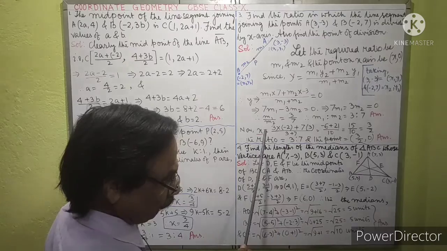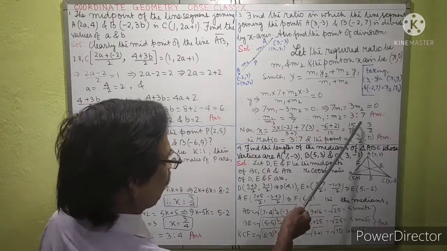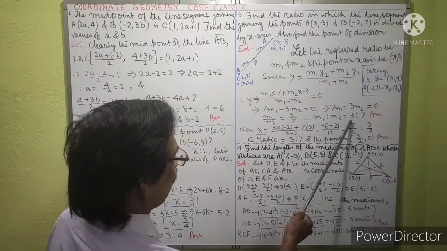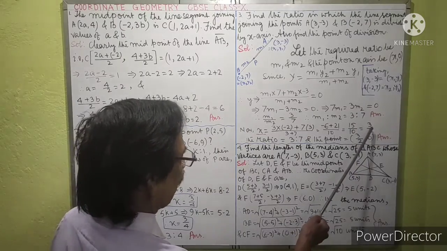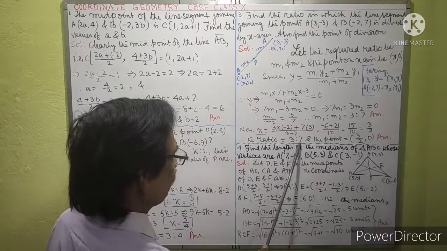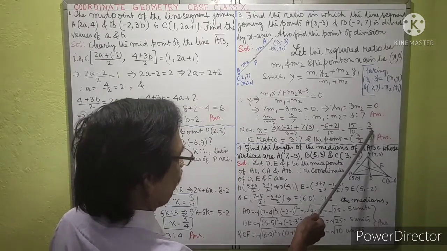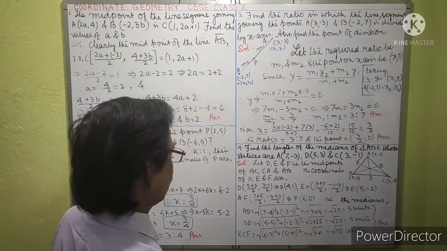Now putting m1, m2 as 3 is to 7, we get x equals 3 by 2. So the ratio is 3 is to 7, and the point of division is x coordinate 3 by 2 and y coordinate 0. This is the coordinate.